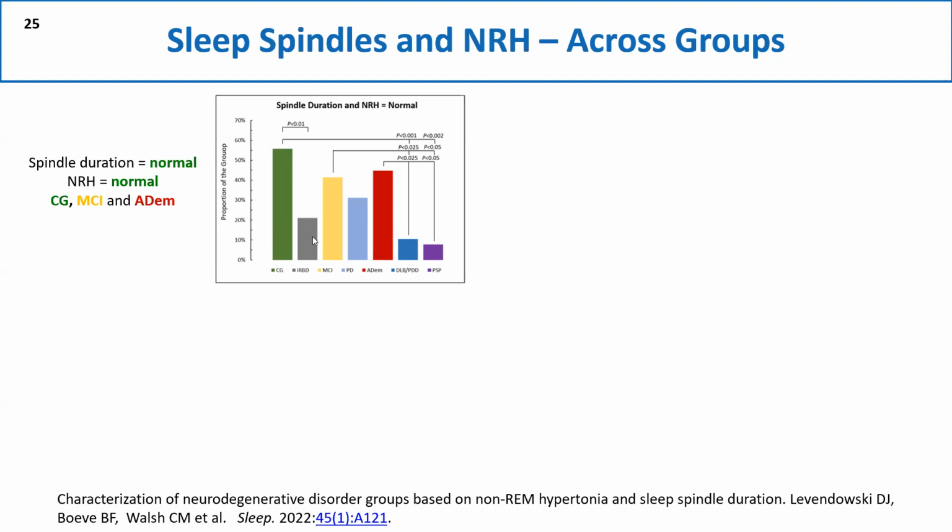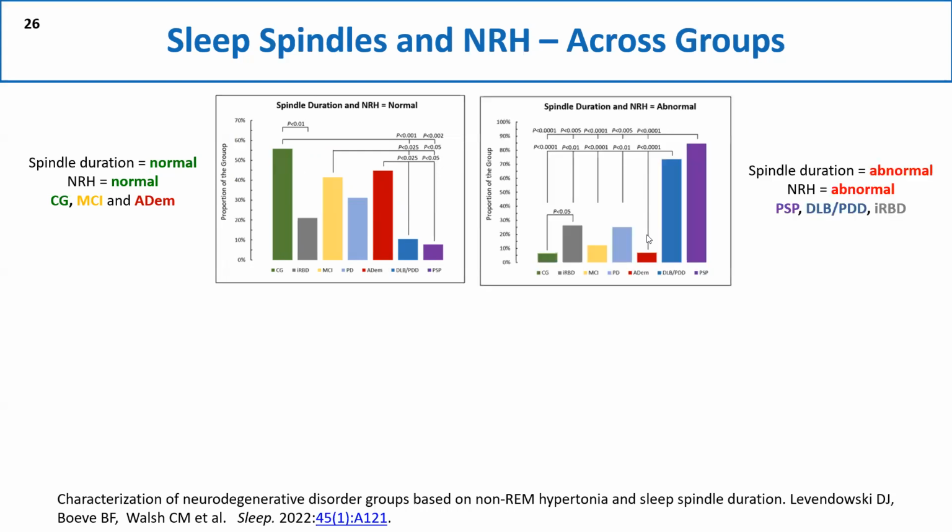We also see that the REM sleep behavior disorder group, the RBD group, had significantly fewer normal than the control group. The next one, the opposite extreme, was abnormal spindle duration and abnormal non-REM hypertonia. And it's almost a mirror image where we see that the PSPs and the DLBs are significantly greater, the proportions, than all of the other groups.